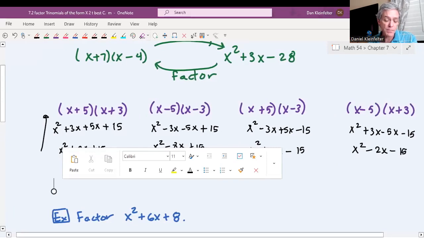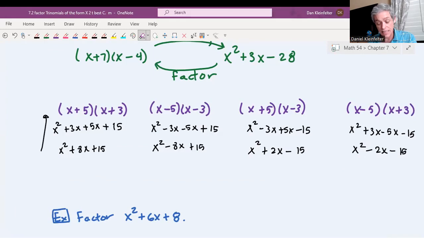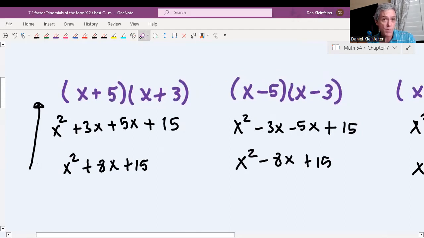For the middle part, that is the number next to the x, here it's 8x, minus 8x, 2x, negative 2x. It's the sum, right? When you're doing FOIL, you're adding together the outers and inners. Here, when the two signs were the same, both positive, we had plus 3x plus 5x, that gave 8x.